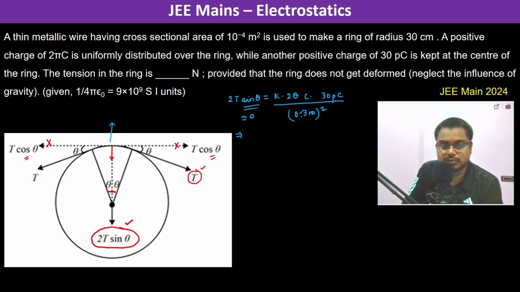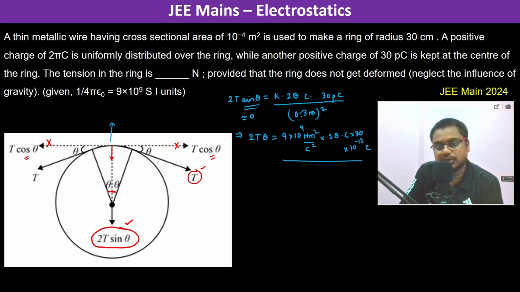So 2T into theta should be equal to K, which is 9 into 10 to the power 9 newton meter square per coulomb square, into 2 theta coulomb into 30 picocoulomb, pico is 10 to the power minus 12 coulombs, divided by 0.3 meters whole square.